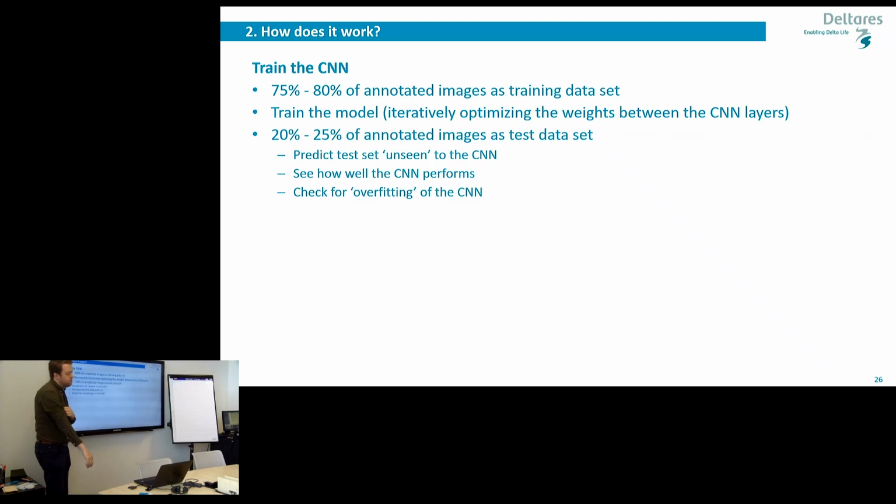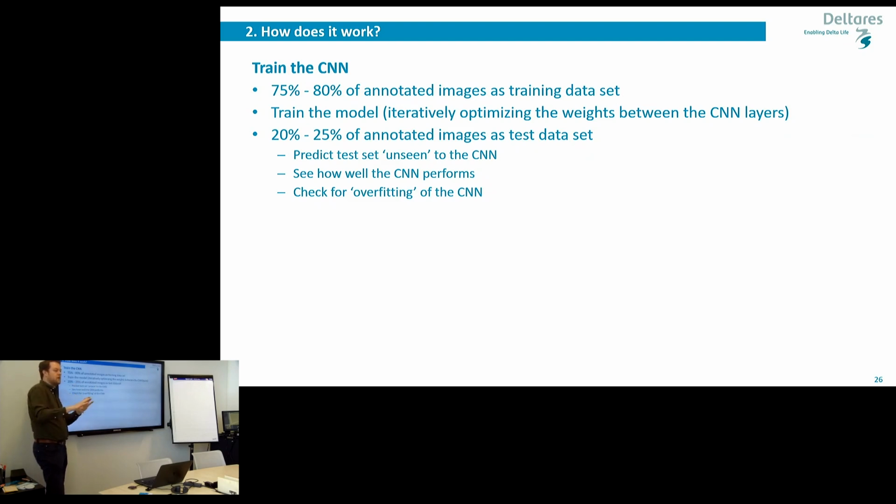And then the other remaining 20 to 25% of the images we keep as a test set, because then we can use the trained model to predict these unseen images. So the CNN has never seen these images before, so you can really say to the CNN, let's do a prediction for this. You can check with your ground truth, does this make sense?